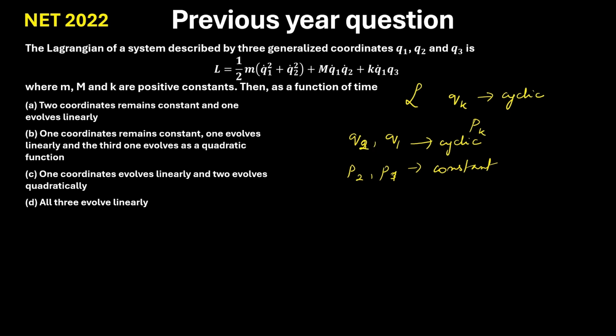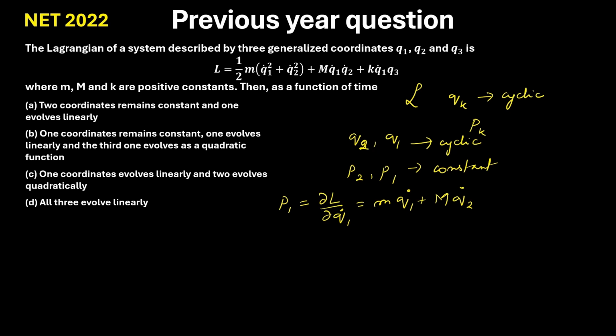Let me write it properly. P1 is a constant of motion. P1 will be given by the derivative of the Lagrangian with respect to Q1 dot. So this will be m Q1 dot plus capital M Q2 dot.